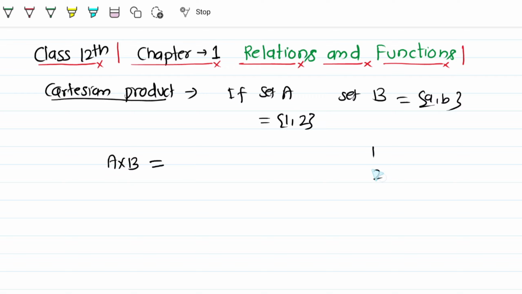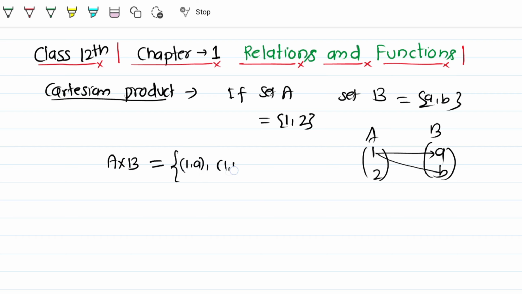So here you have 1, 2, and here you have A, B. 1 can go with A, 1 comma A. Also 1 can go with B, 1 comma B. Then 2 with A, and 2 with B. So this is how you used to calculate the Cartesian product.